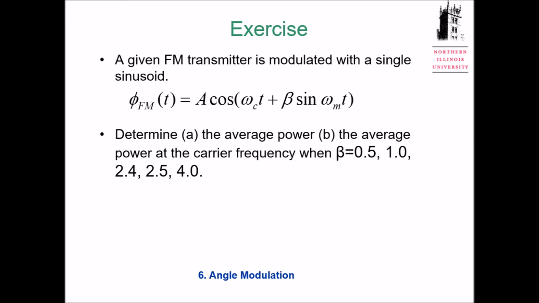So for this exercise, let's go over it. We just copy the previous equation. My signal is cosine of omega c t plus beta sine of omega m t, so we have an FM signal. Try to find the average power, the mean square value, and the power at the carrier frequency for different beta.